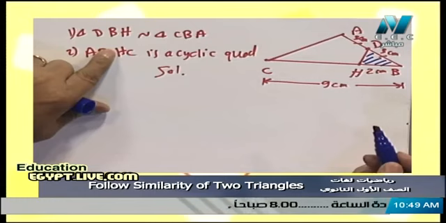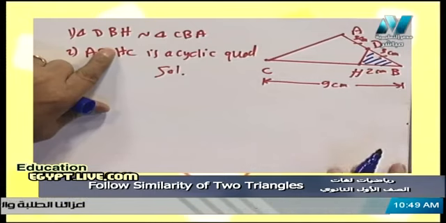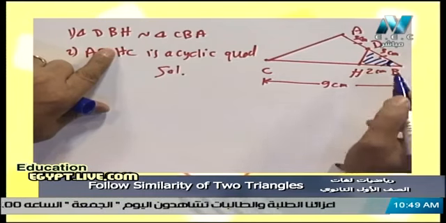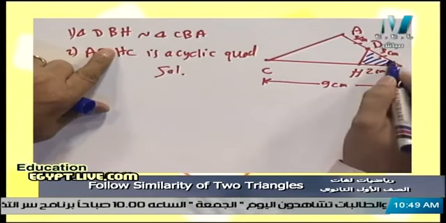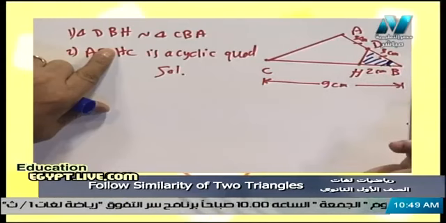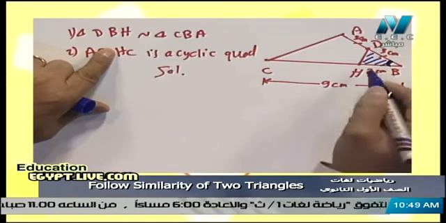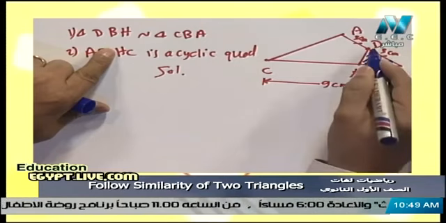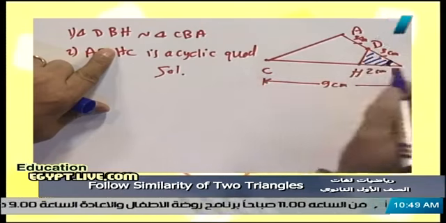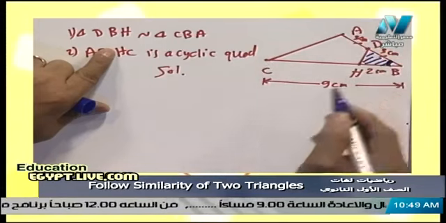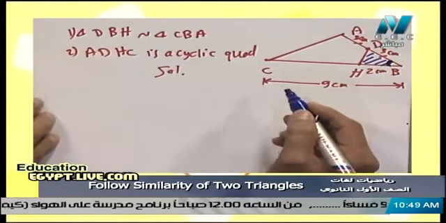Is there any equal angles here? Yes, intelligent students notice that the angle B here is a common angle, because it is in triangle HBD and in triangle CBA also. So it is equal in the two triangles.